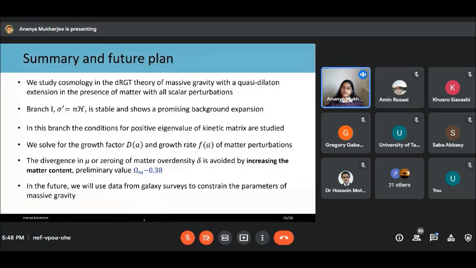In this branch we have solved for the growth rate and growth factor for matter perturbations, and we found that the parameter mu was diverging with the matter content predicted by lambda CDM. To eliminate the divergence, we have slightly increased the matter content. For our future study, we would like to use galaxy survey data to constrain the parameters more tightly. Thank you.